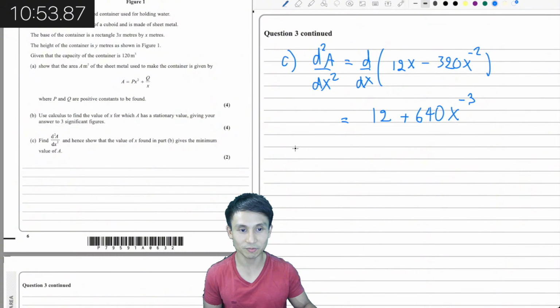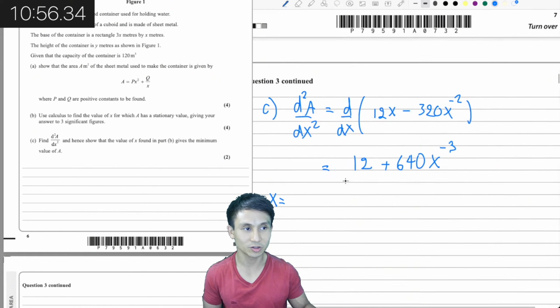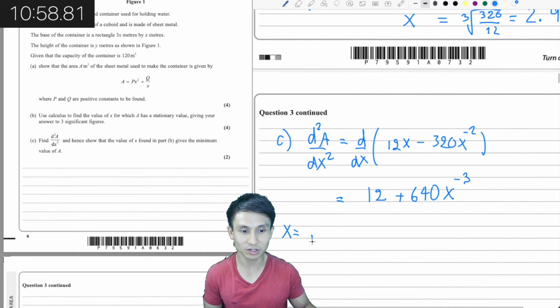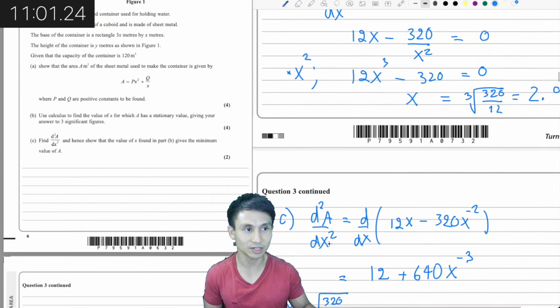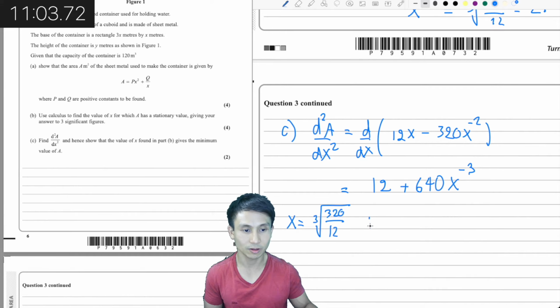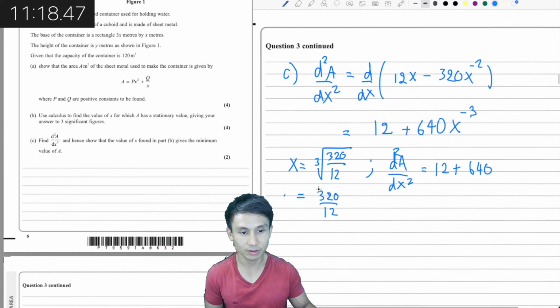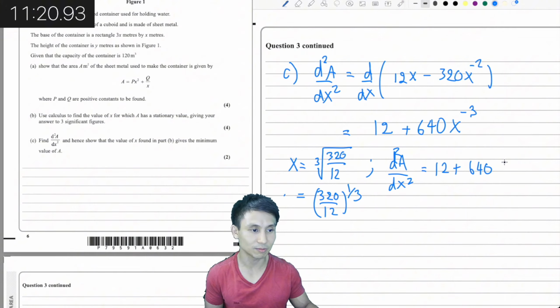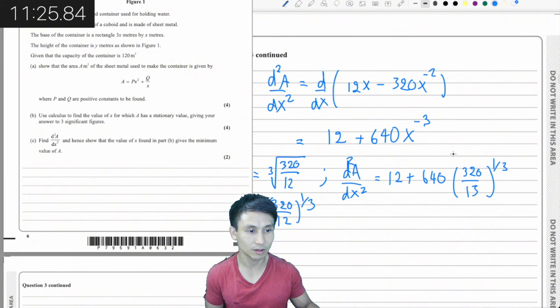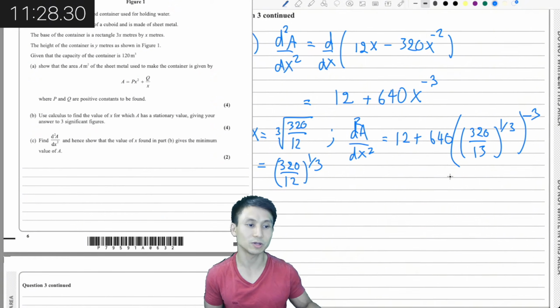So we sub x equals 2.99. I'm just going to use the exact value, just in case. So we get d squared A by dx squared equals 12 plus that. As you can see, if we do 320 over 12 to the power of 1/3, that's going to play some trick there. So I have this to the power of 1/3, all to the power of minus 3.